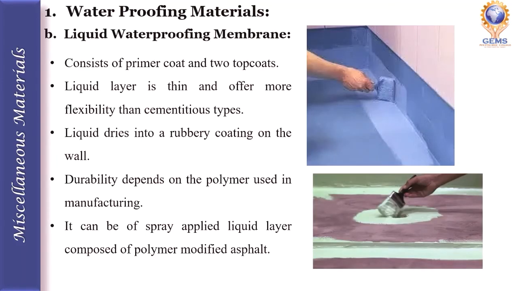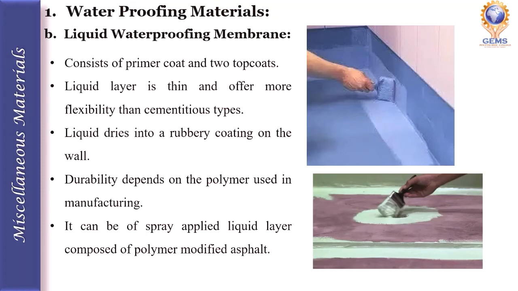The second material is liquid waterproofing membrane. This liquid membrane is just like a normal paint, but when it dries, it forms an excellent elastic membrane with excellent waterproofing capability. It consists of a primer coat and two top coats.